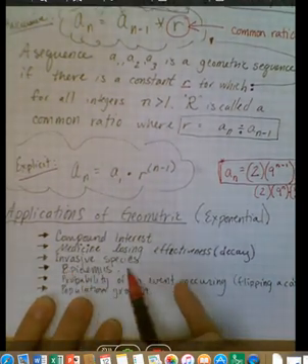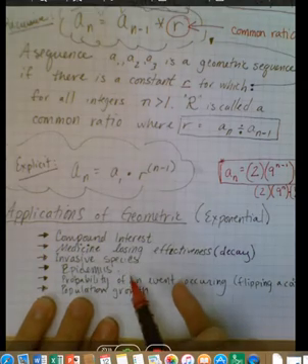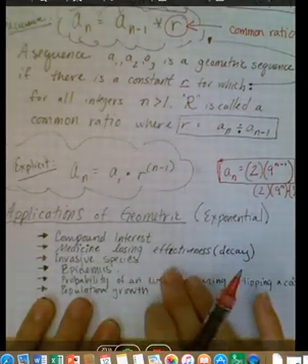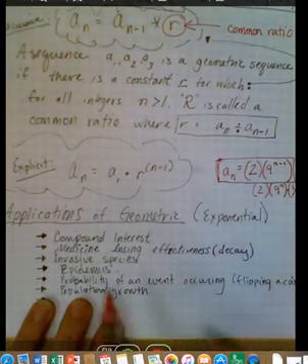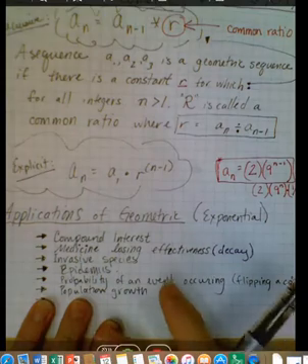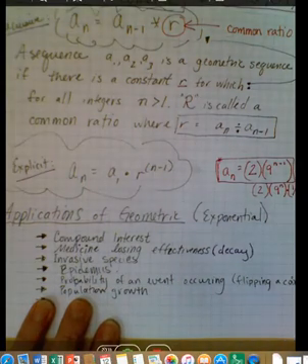If there's an invasive species like a plant or a weed in a lake or a community, you can see those growing exponentially.